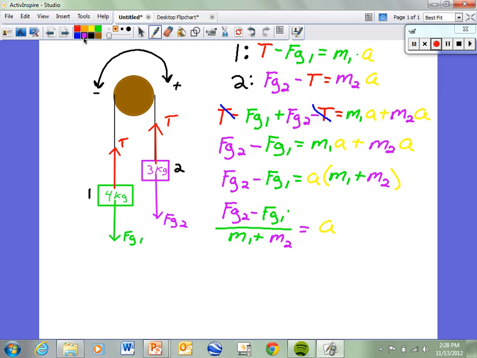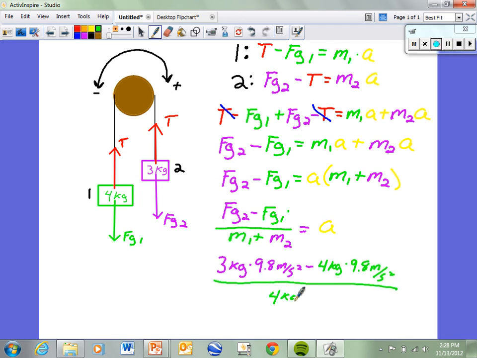Plugging in my numbers, force of gravity 2 is mass of block 2, which is 3 kilograms, times 9.8 meters per second squared, minus force of gravity 1, which is the mass of block 1, which from the picture is 4 kilograms, times 9.8 meters per second squared, all divided by mass 1, which is 4 kilograms, plus mass 2, which is 3 kilograms.